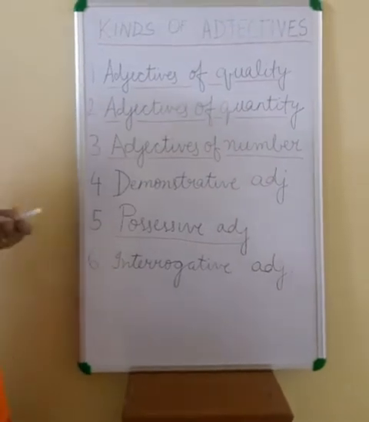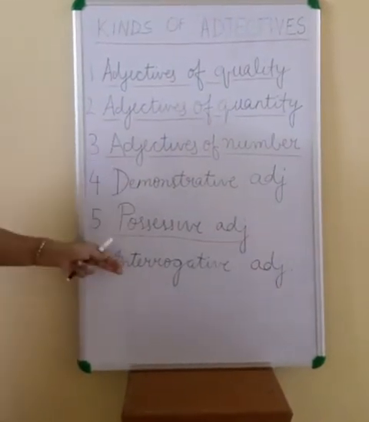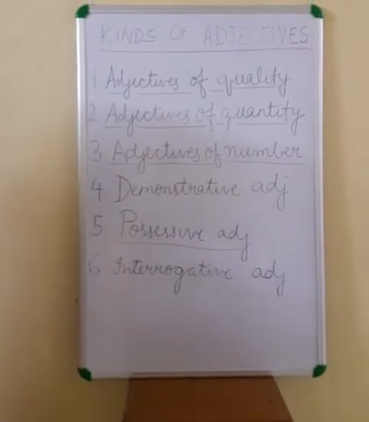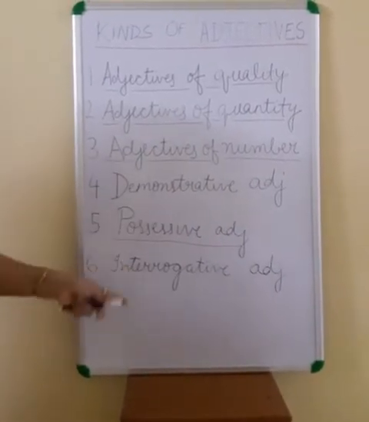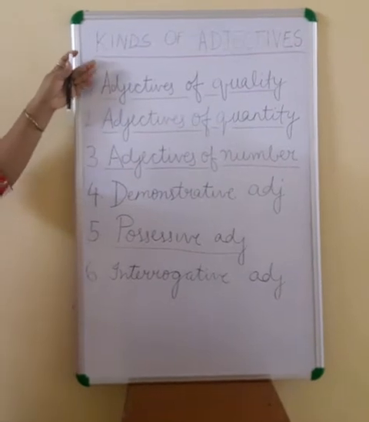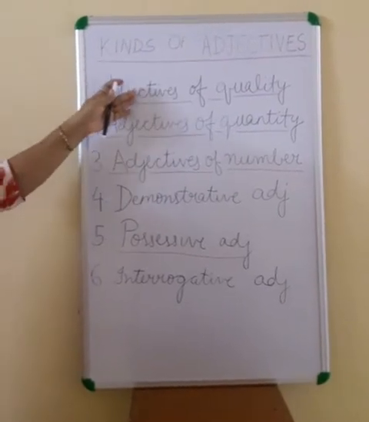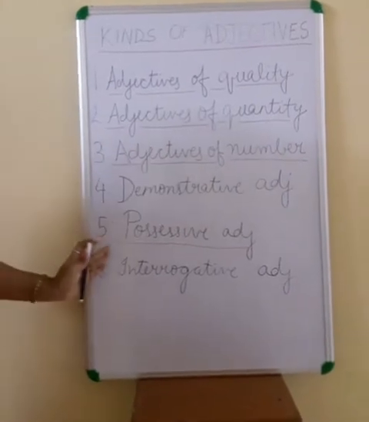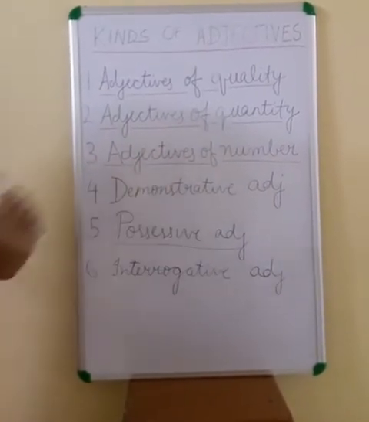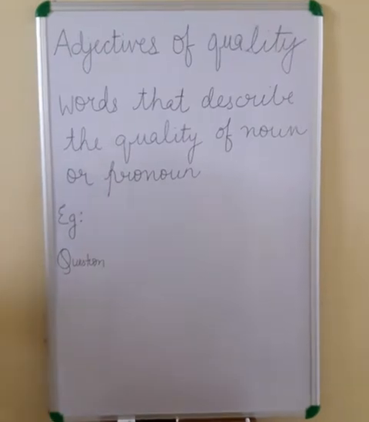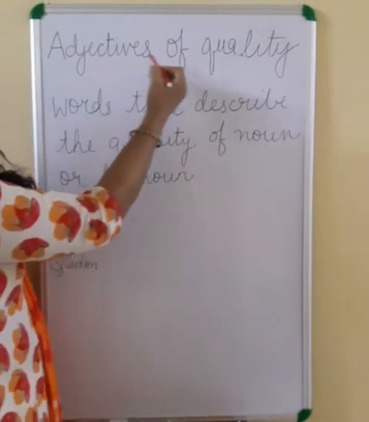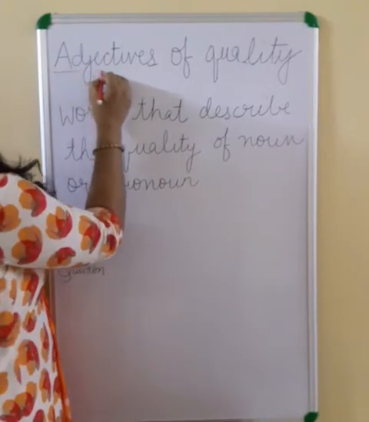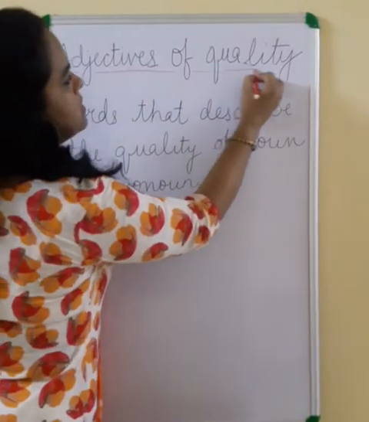The demonstrative and interrogative adjectives you will learn in higher classes, in standard 4 and 5. In standard 3 you will learn adjectives of quality, quantity, number and possessive adjectives. Is that clear?